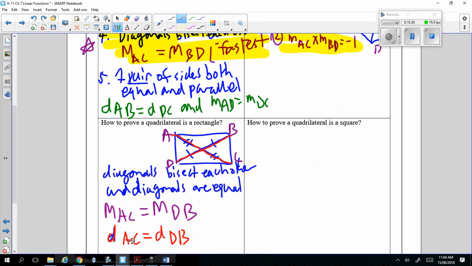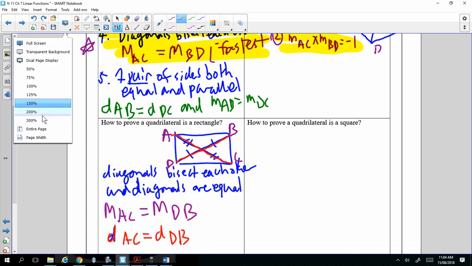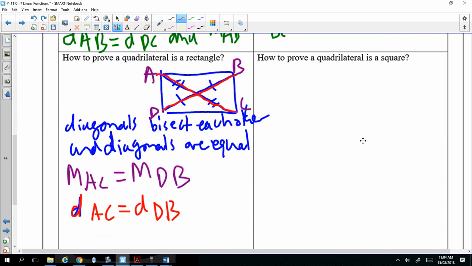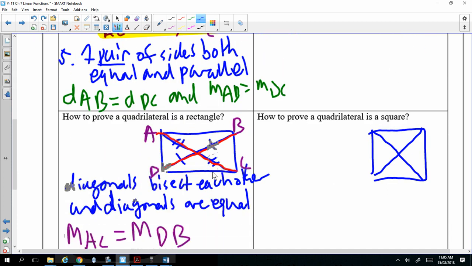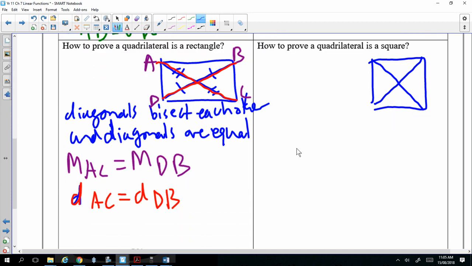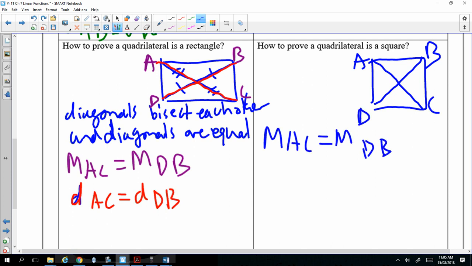Move on. How to prove it's a square? Very easy. Now, to prove a square, there's many ways, but again, I will emphasize the diagonal approach. It's very easy. You just have to combine rhombus and rectangle. So if you combine them, you have to show the diagonals bisect, that means prove they bisect, and then you also have to prove that they are perpendicular.